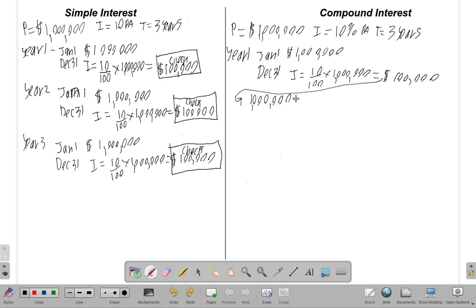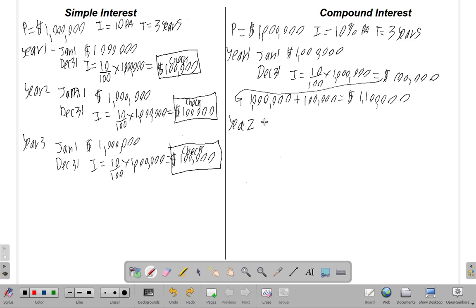So you have $1 million plus the interest, and that gives you $1,100,000. So when you get your interest calculation, they take the interest, add it to what you have in the investment, and you now have a new amount, $1,100,000.